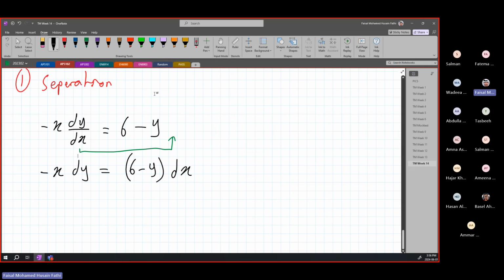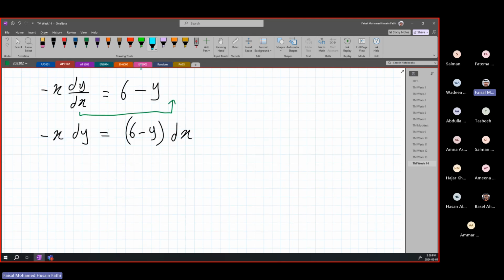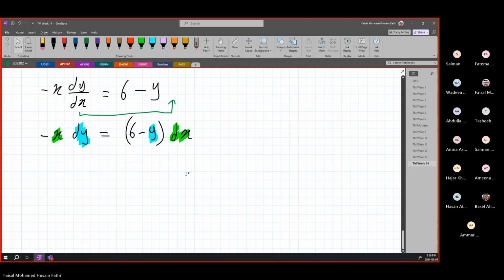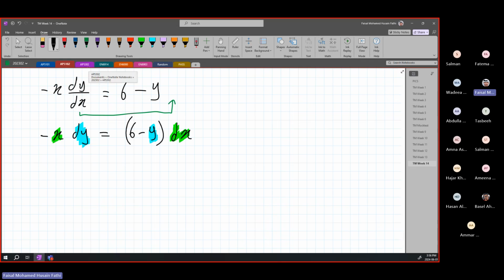Minus x dy is not correct. We do not have the correct separation, all right? We need our y to be with dy, and we need our x to be with dx. Okay? So how do we do that? We are going to take the x to this side, and we're going to take the 6 minus y to the other side.